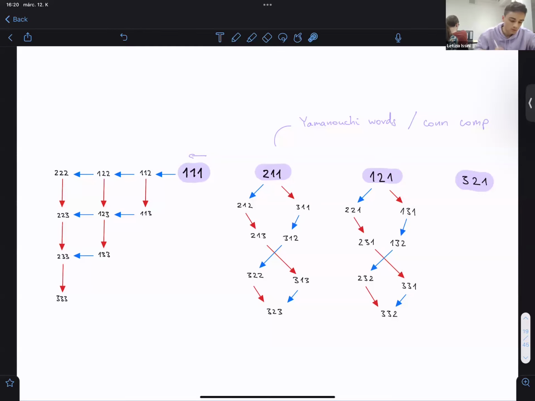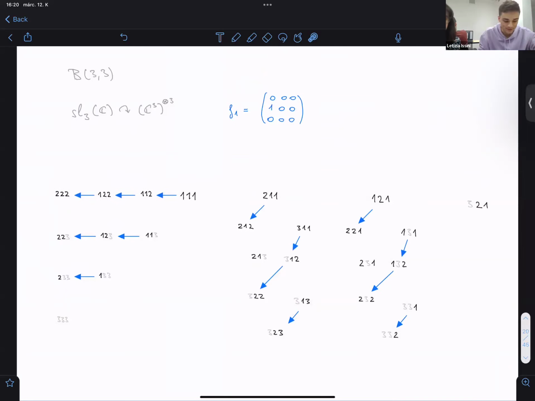So here we have all 27, equals 3 to the 3, words in 3 letters of length 3, and the connected components will be indexed by Yamanouchi words again. But what are the arrows? So the blue arrows will be defined as before on the strings of 1s and 2s by just forgetting about the letters 3.